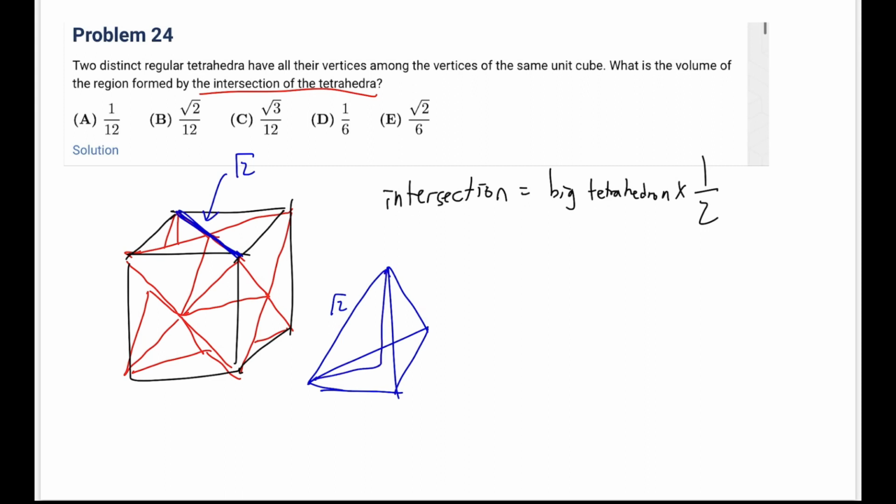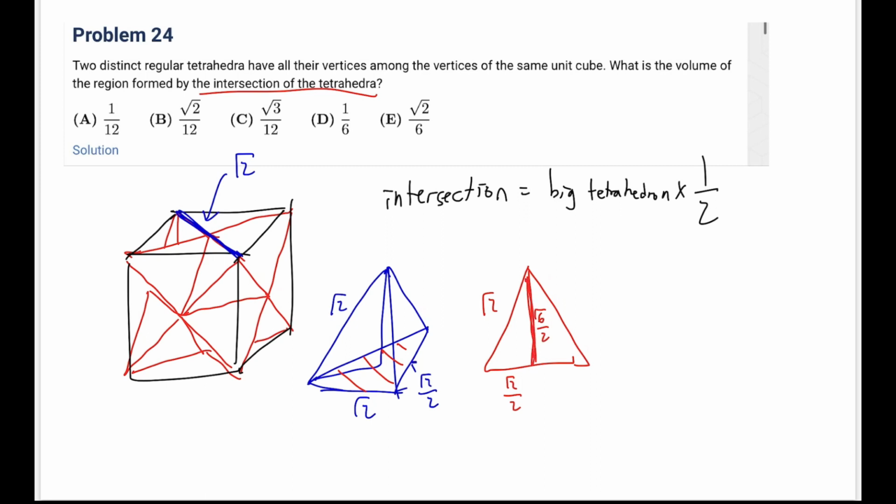Since this is root 2, and we have the center of this, we can align it like that, and then that's root 2, this is root 2, this whole thing is root 2. And so the distance from the middle will be root 2 over 2. If we just see the base right here, this is root 2, this is root 2 over 2, and so this would be root 6 over 2, right?